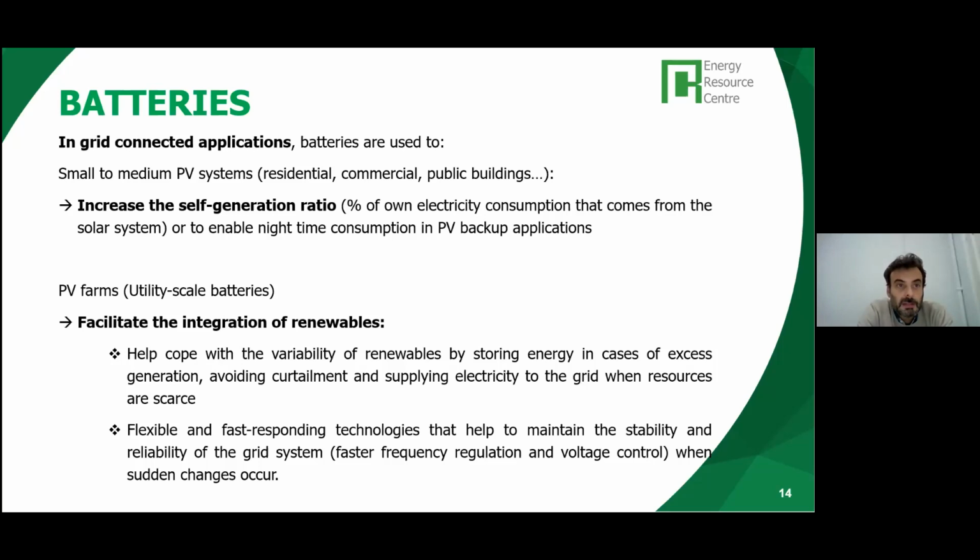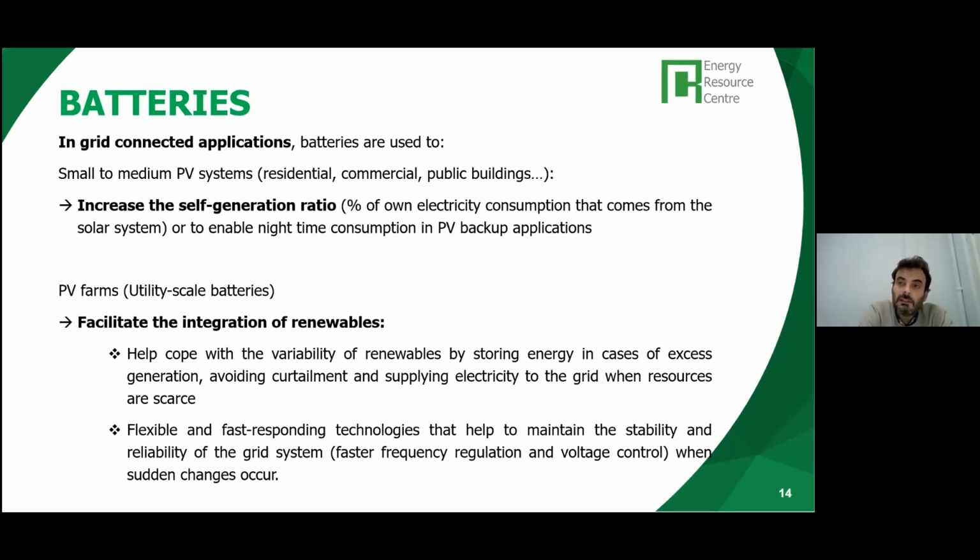So batteries also have applications in grid-connected configurations. For small to medium PV systems, they are helpful in increasing the solar fraction and the self-generation ratio, but also in large PV farms, utility scale configurations.